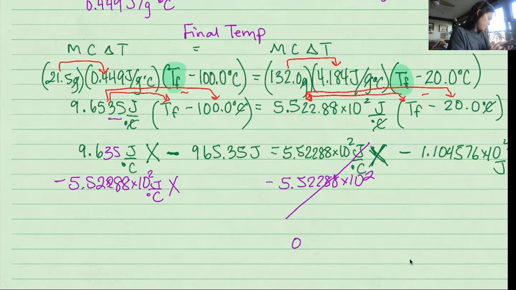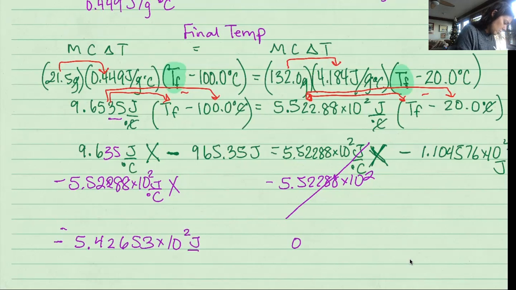minus 5.52288 times 10 to the second equals, that is negative 5.42653 times 10 to the second joules per degree Celsius. X, I'm continuing, right?